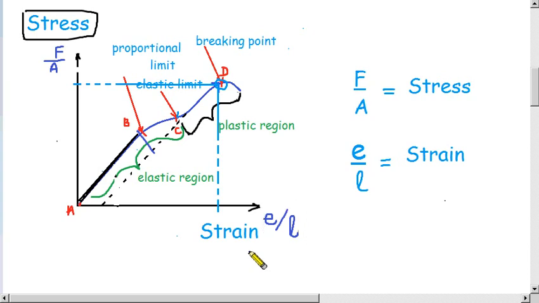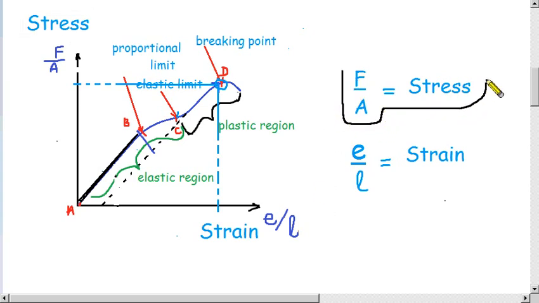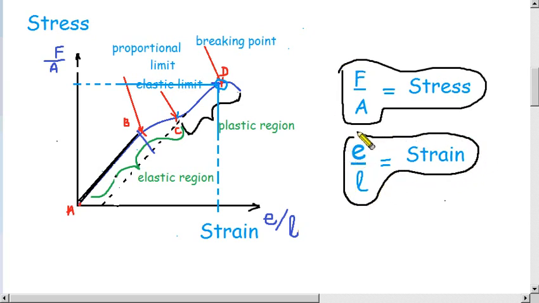This lesson is a little bit difficult, and there are a lot of words that are not familiar to us. So you have to use these words, write or speak with others, or teach somebody, then you can get familiar with them and it will be easy. The problem is this wording. F divided by A is called stress, and E divided by L is called strain.